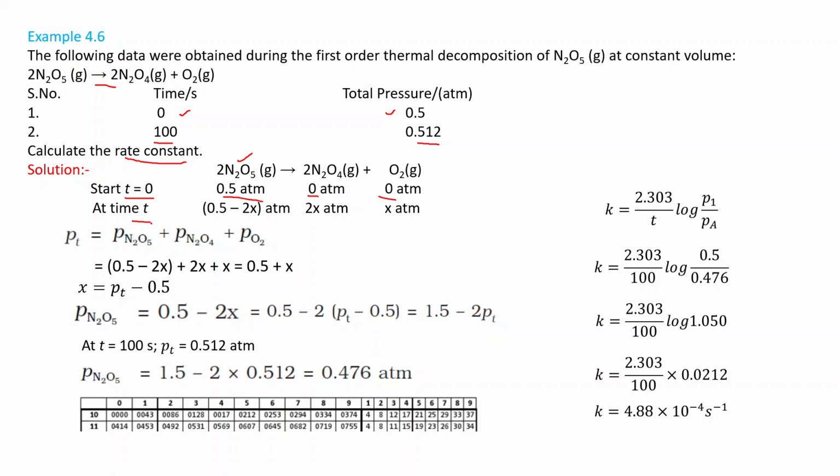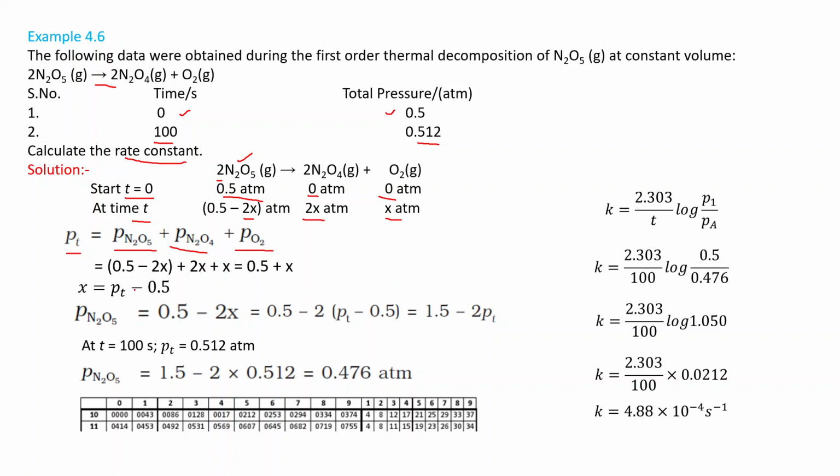When time becomes t, then we can say 2x atm pressure is reduced. Why is this 2x? Because its stoichiometric coefficient is 2. Okay, then we can say 2x atm pressure of N2O4 is formed, and x atm of O2 according to the stoichiometric equation. Then we can find P total is P N2O5 plus P N2O4 plus P O2.